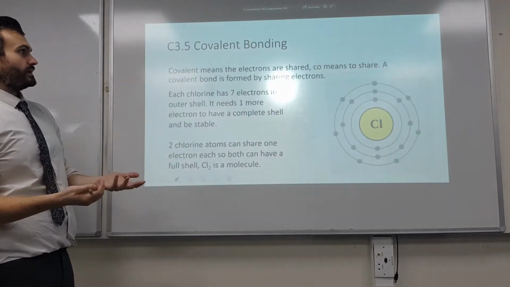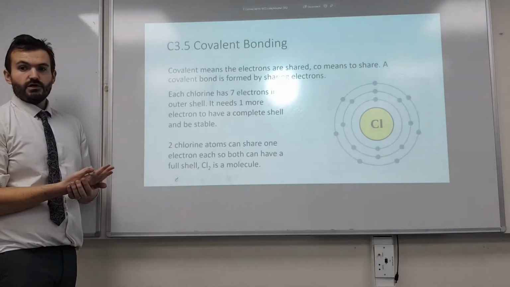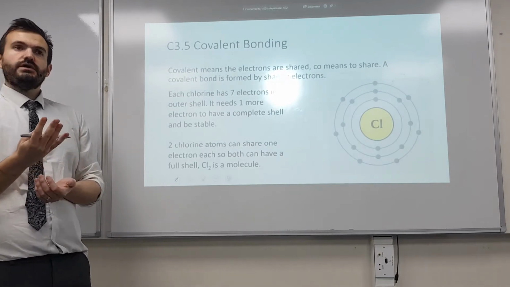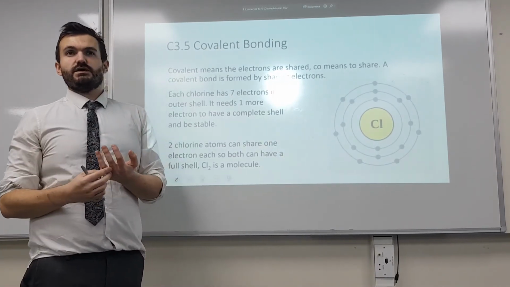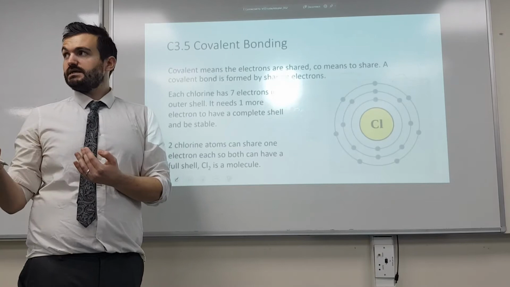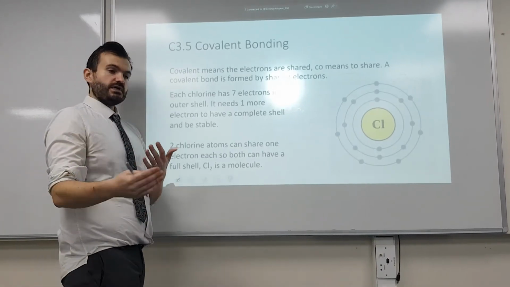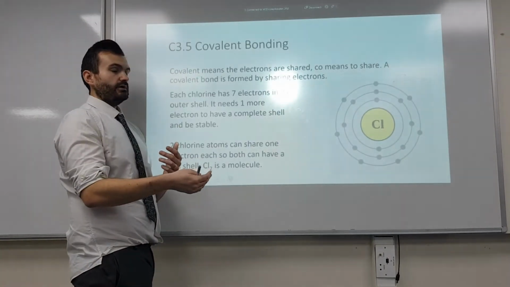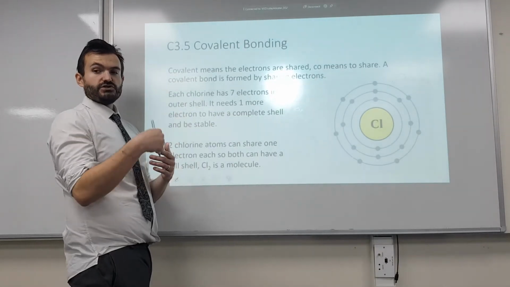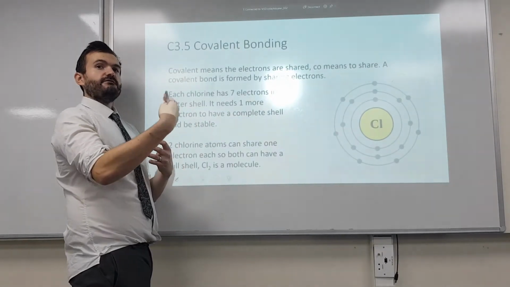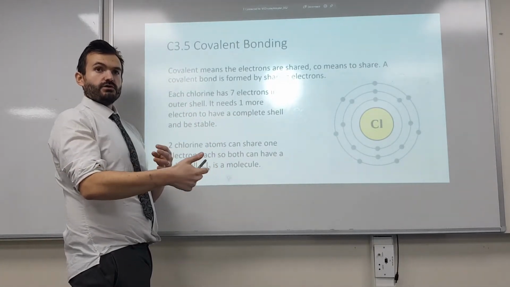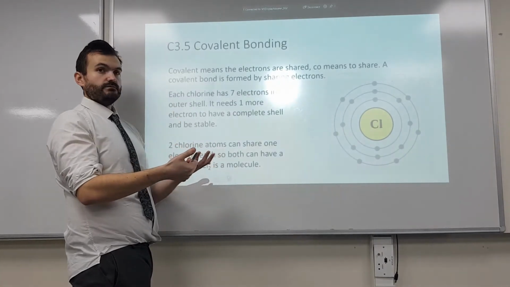So if we're thinking of chlorine, it has 7 electrons in its outer shell. It wants 8. So what chlorine can do is share 1 electron and it will receive 1 back. If it shares 1 and gets 1 back, it would effectively get 1 more electron, so it would have 8 in its outer shell.